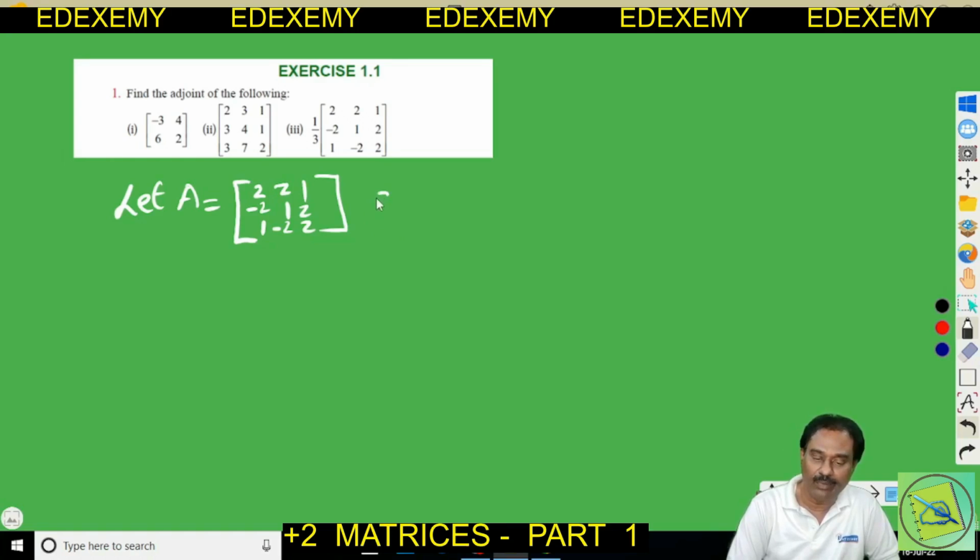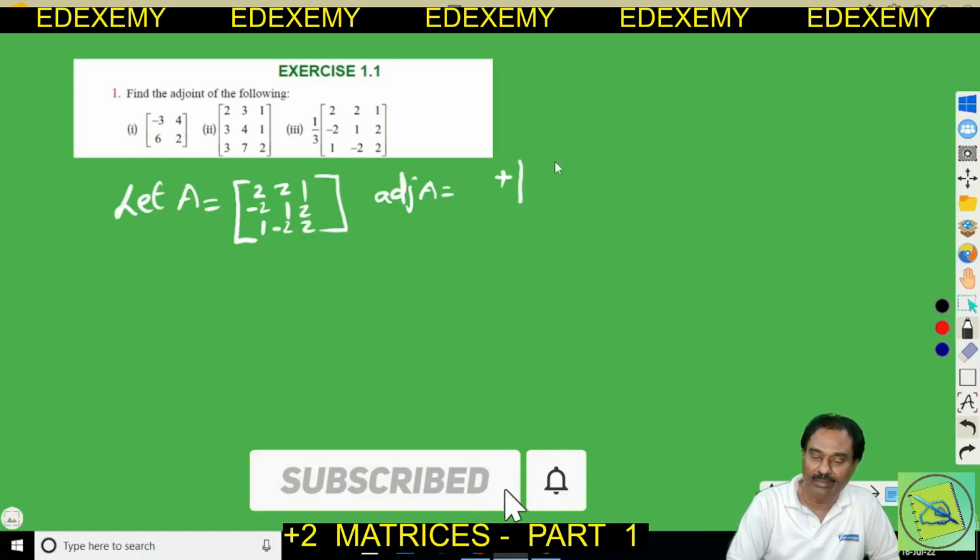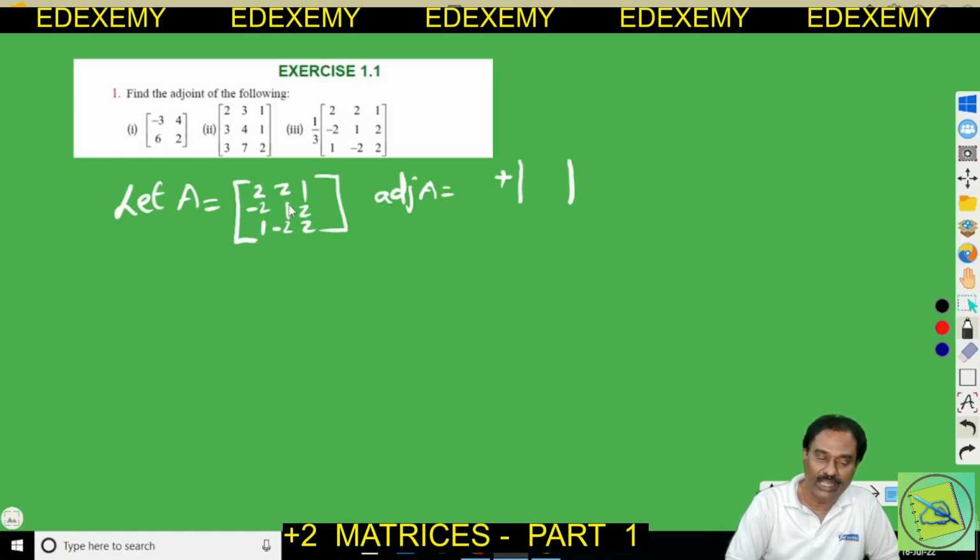Now we have to find the adjoint of A. What is adjoint of A? We can put a square bracket like this. Now we will assign the positive or negative value to each and every element first, then put a determinant. We will straight away find the cofactor matrix here and the transpose of it.